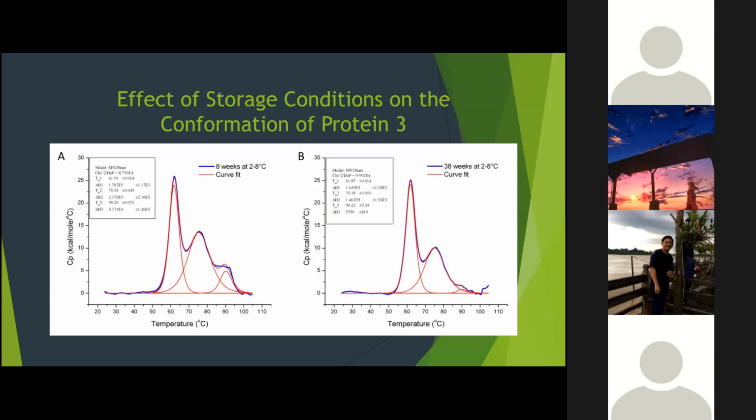Based on this figure, the effect of storage temperature 2 to 8 degrees Celsius on the stability and tertiary structure of protein 3 over 30 weeks is shown in this graph.